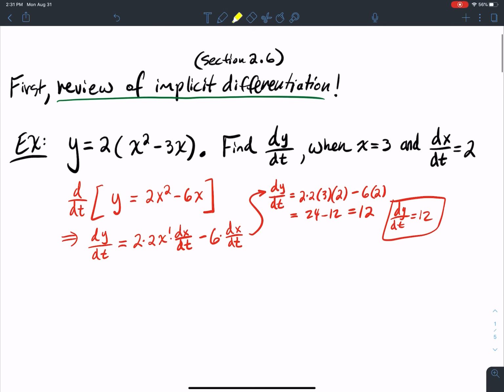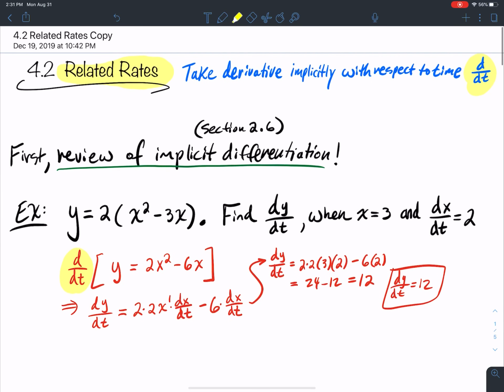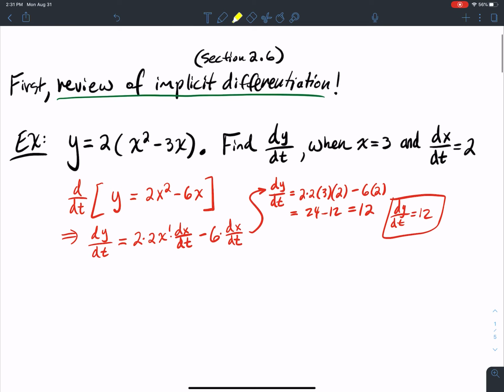We take some equation, we figure out how x and y are related through an equation, and then we take the derivative of that equation implicitly with respect to time, t for time. And then we might be given some particular information about the problem at certain points. Once we have the derivative, we plug in those values, and then we're able to find what we were looking for in the first place.